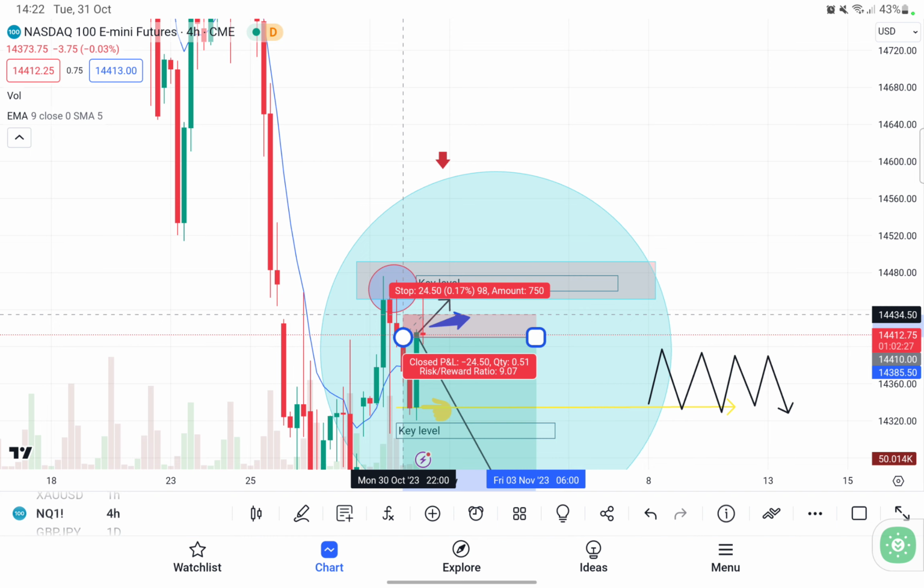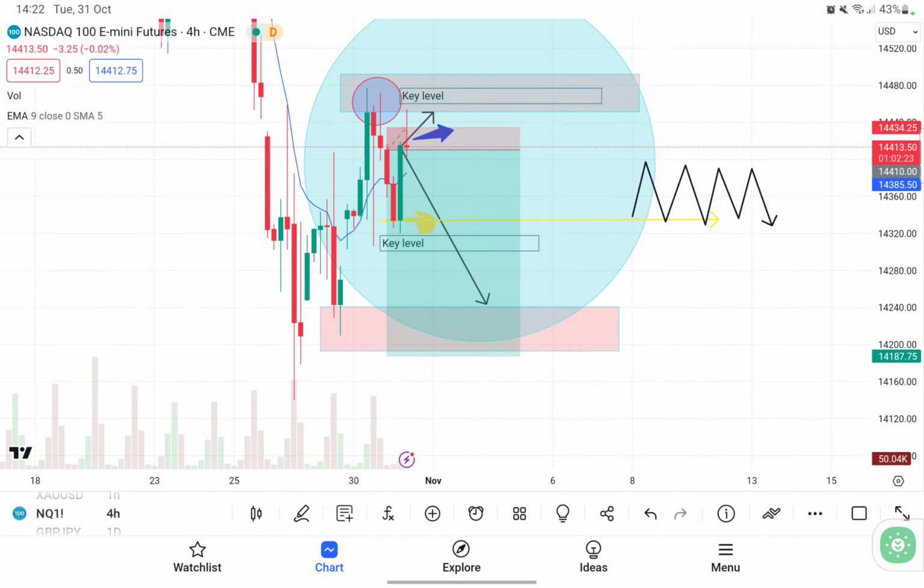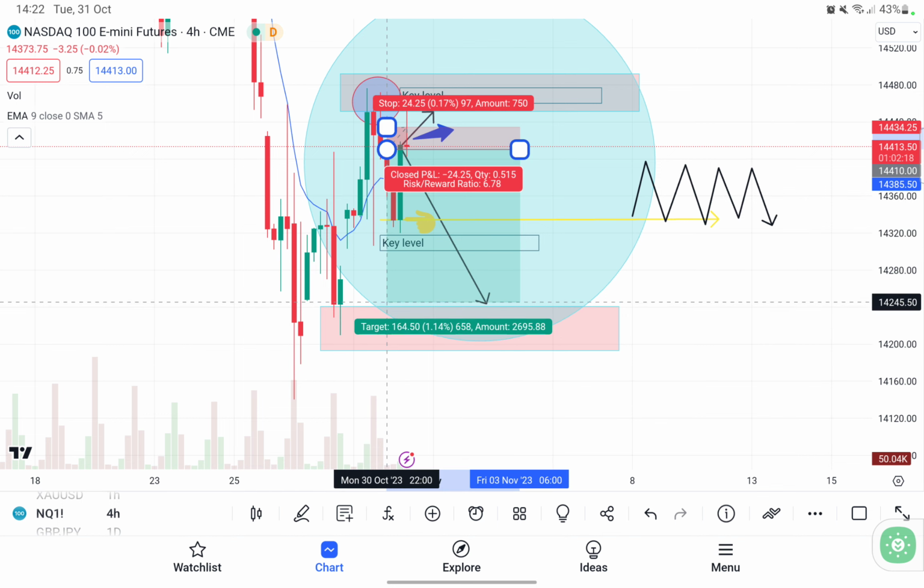Told you I'm a 10 pip guy. We put our 10 pips, and then our target is this key level.